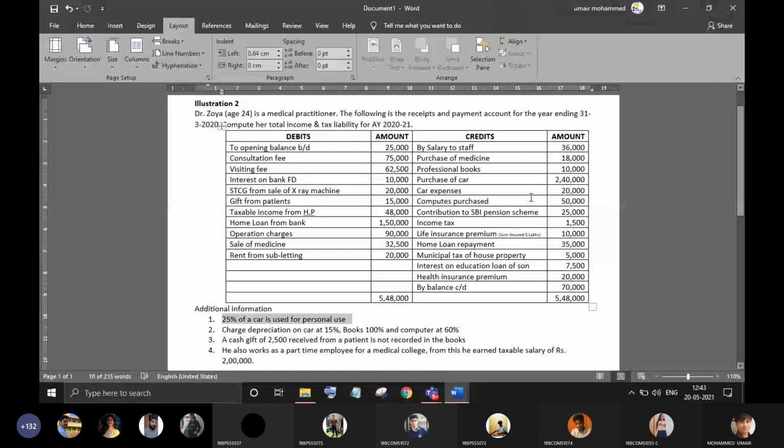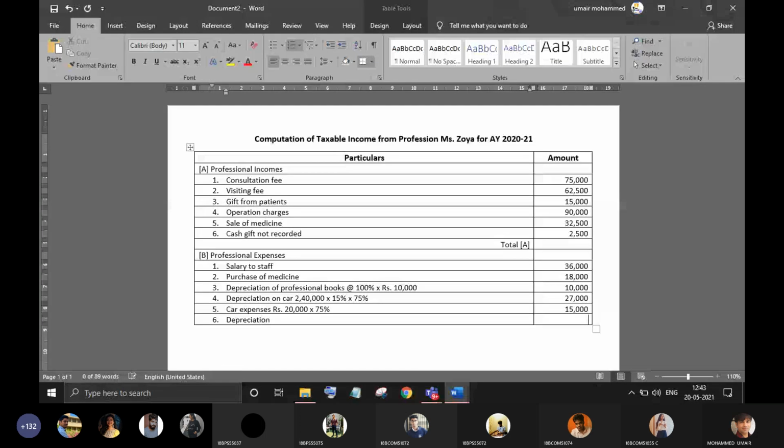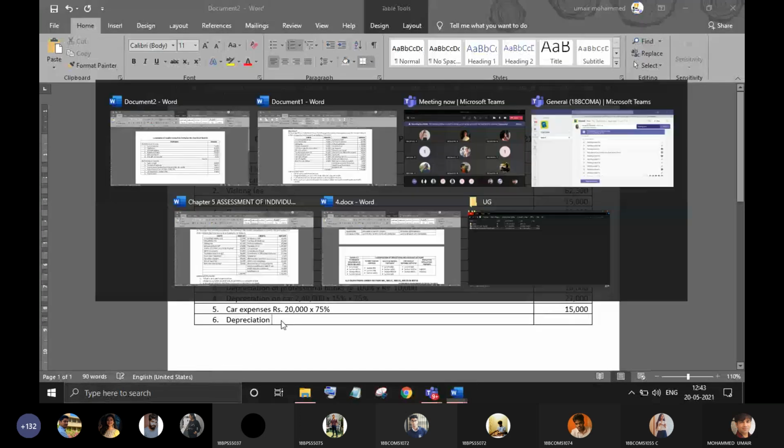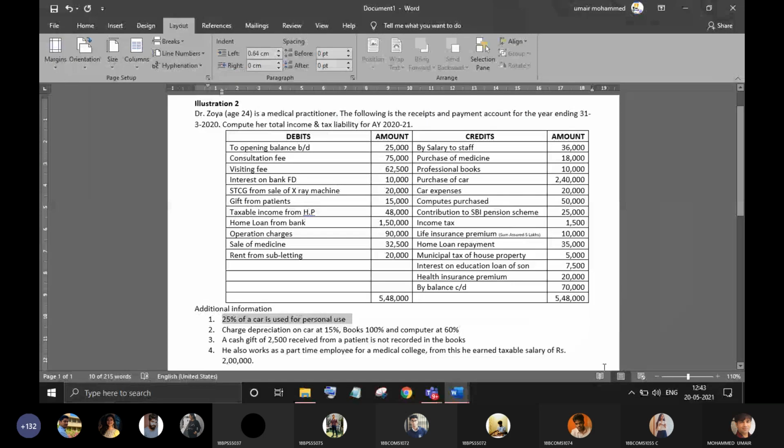Now, computer is also a capital asset, so we need to charge depreciation. Now, what is the rate of depreciation which I have given you in the study material? This seems to be the old rate. What is the new one?